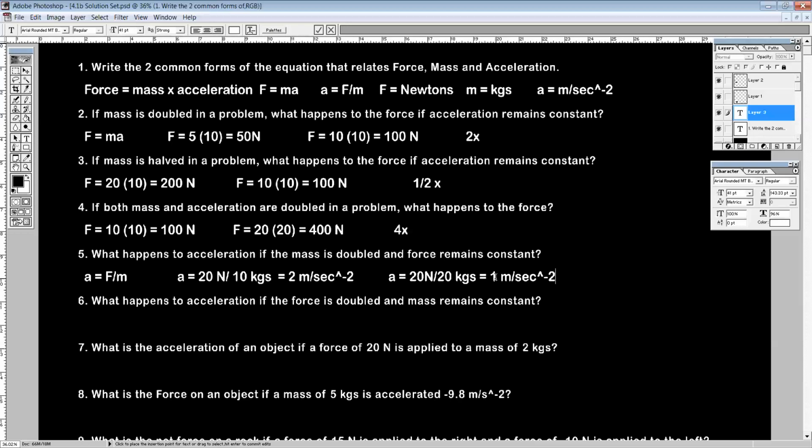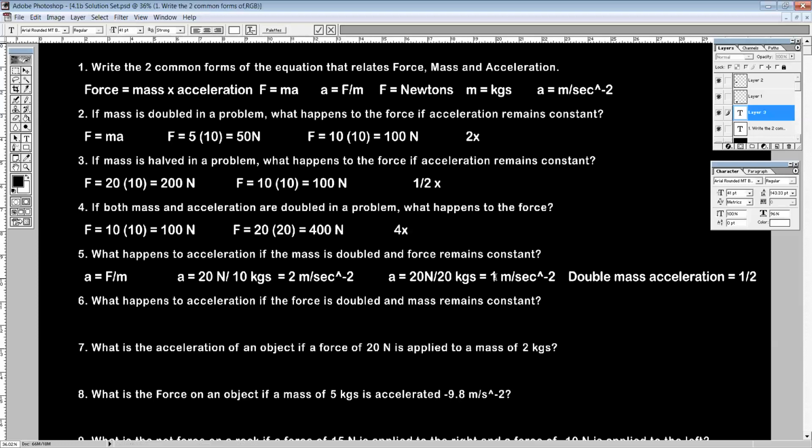All right, so if we double the mass, acceleration goes to 1/2. So if we double the mass, we halve the acceleration.